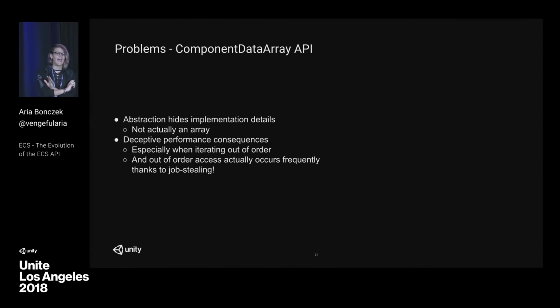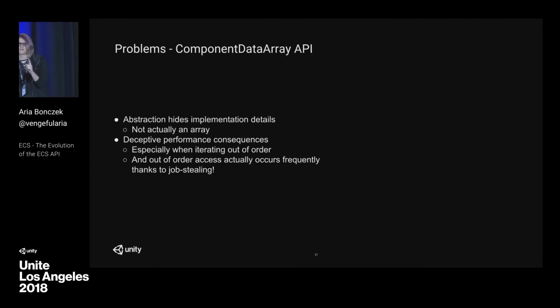And even if you're absolutely sure you're never accessing things out of order, and you're always doing it in the most optimal way possible, there are still other cases in the system where things can be accessed out of order. When you're accessing that data with an IJobParallelFor, for example, and one thread has finished its work and decides, hey, I need a little bit more work from another thread, I'm just going to steal this job over here and continue executing here, which is normally a great thing and keeps thread occupancy really high.